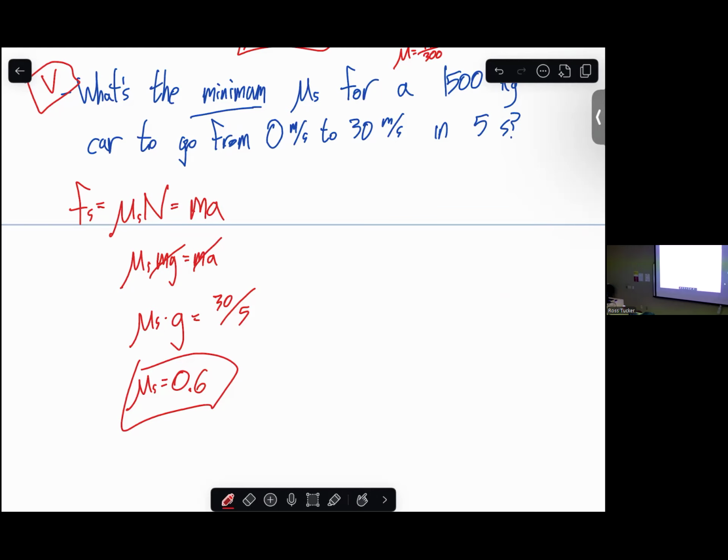If you are getting as much friction as possible, what is the least value of mu that gets that? You're at the limit, you're at the boundary between slipping and not slipping. So you're allowed to plug in, it's not just less than, it's equal to. And if you visualize it, if mu got any smaller, the maximum force would be too small to get this acceleration. Good question.